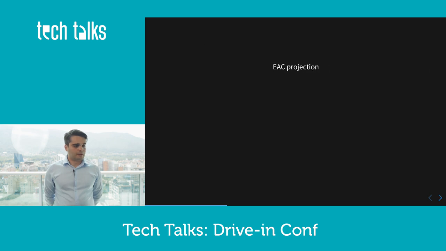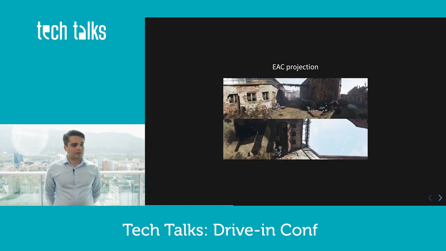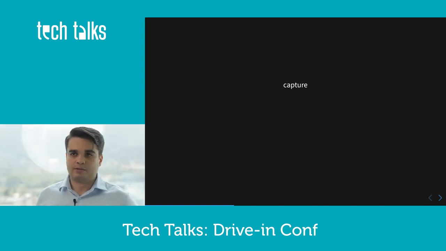Now, in 2017, Google came up with a different projection, which is the equiangular cube map projection. The idea of this new projection is to preserve as much information as possible and also distribute it equally in the image.